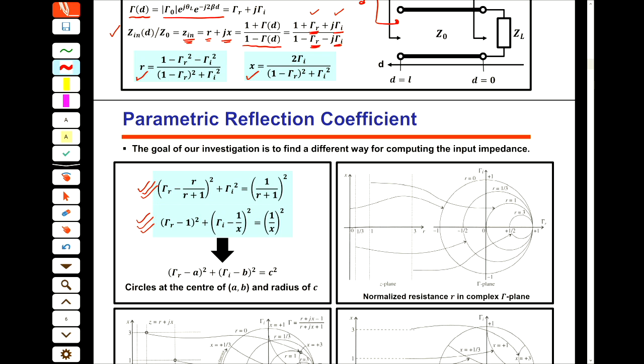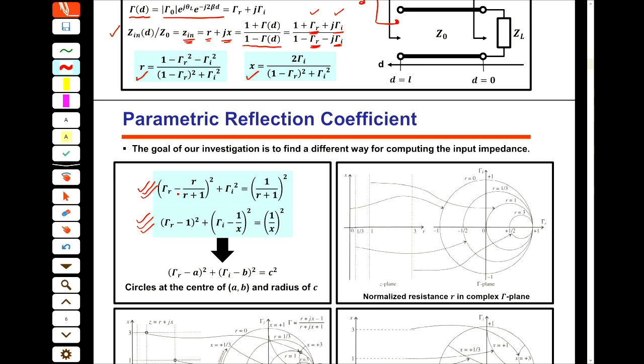It's easy. But the other way, if we have gamma and want to find z in, so I said that this z in has an R and X, and this gamma has a gamma R and gamma I. I can write this equation and this equation. And you can see that these two equations are equations of circles.